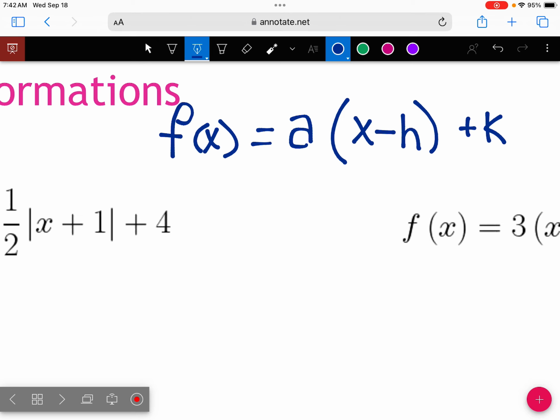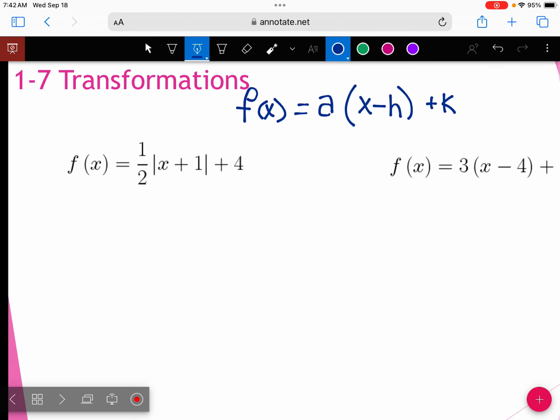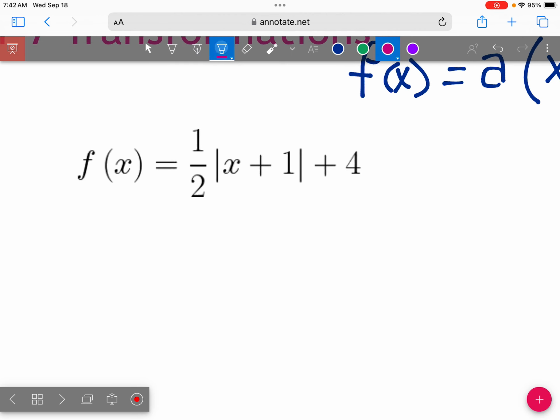So what we're going to do is play match 'em up. So I'm going to come through here and I'm going to say, okay, what is our A value? What matches up with A on this first one over here? 1/2. So my A is 1/2.